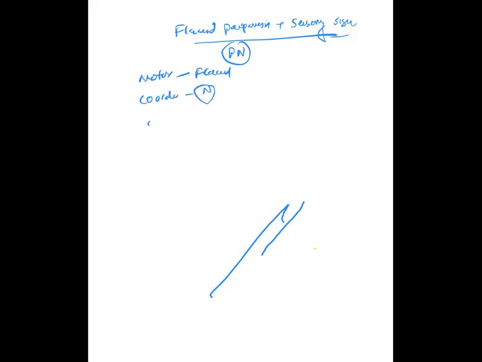normal, sensory system examination reveals bilateral, symmetrical loss of sensation, all modalities of sensation in a stocking pattern. So bilateral, symmetrical loss of all modalities of sensation in a stocking pattern.